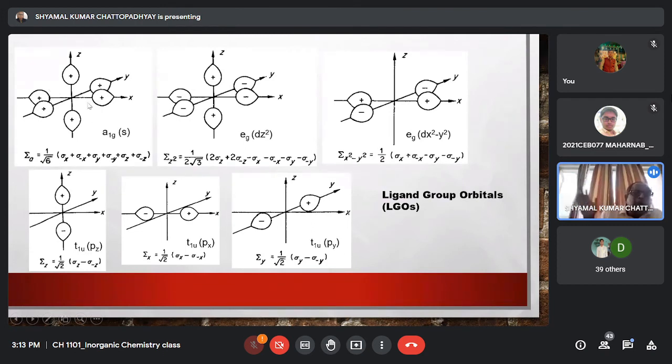Now, before going anywhere else, can any one of you tell me, this ligand group orbital is likely to overlap with which particular metal orbital? My question is, if I consider only this first ligand group orbital, which particular metal orbital is suitable for overlapping with it?